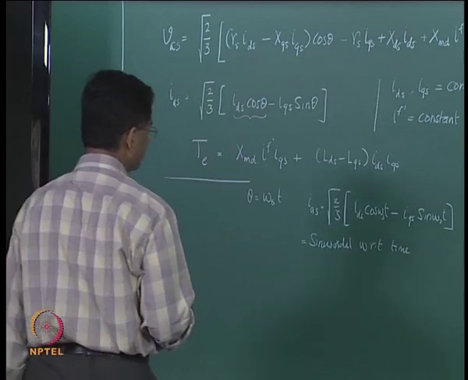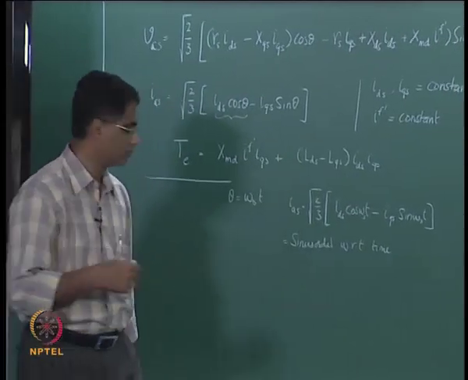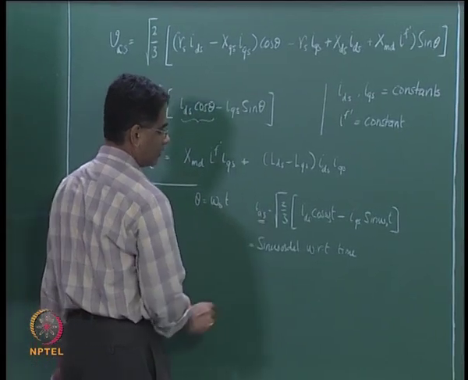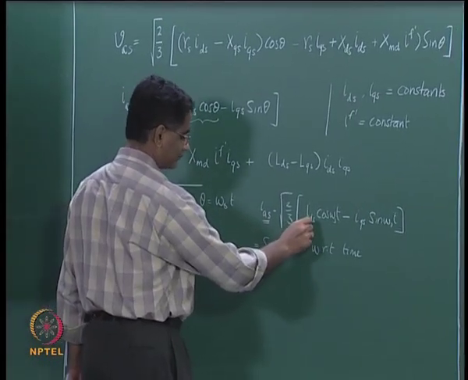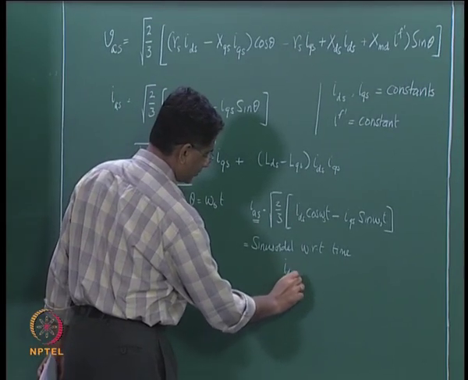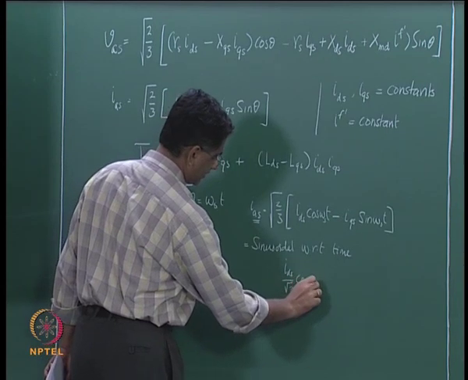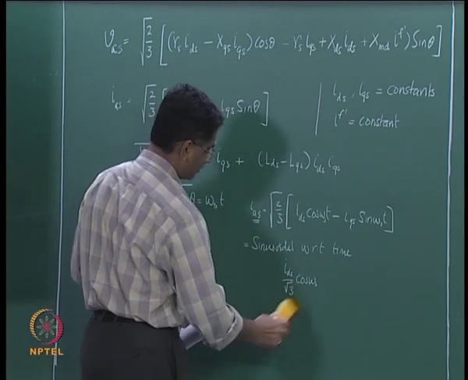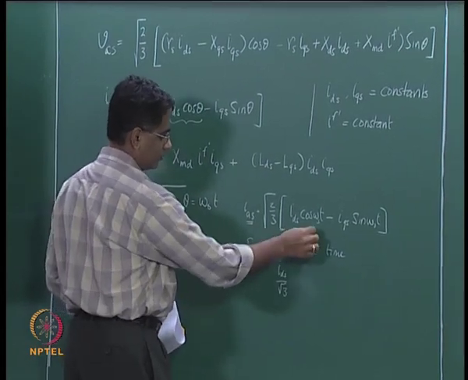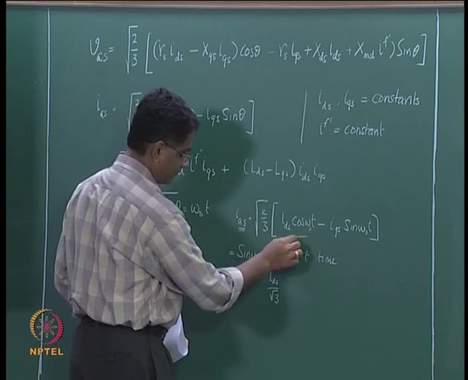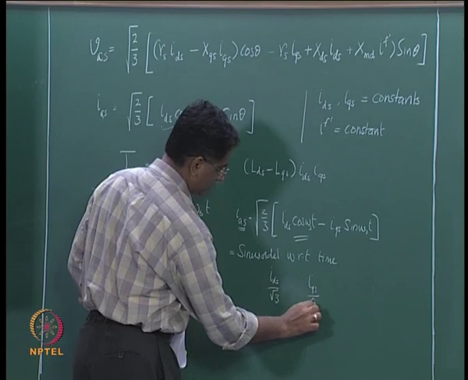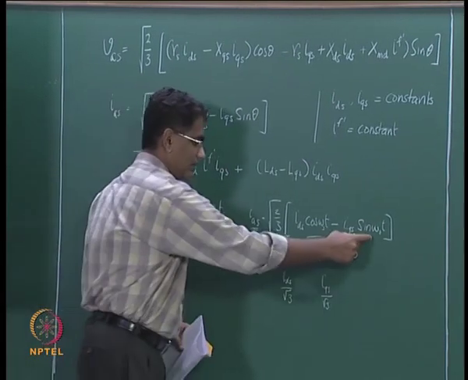To get the RMS value you have to divide by root 2, so IDS by root 3 is the RMS value of the first term and IQS by root 3 is the RMS value of the second term.